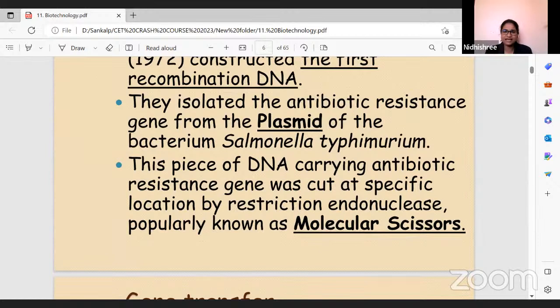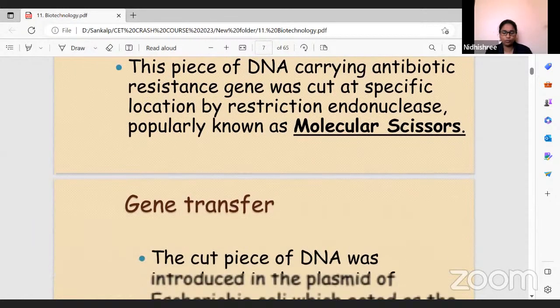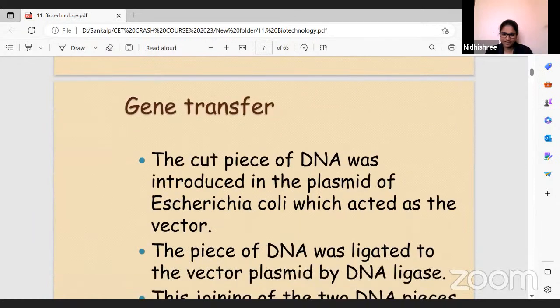So the plasmid carried a gene which gives resistance to antibiotics. The gene was cut at the specific location using the enzyme restriction endonuclease. The popular name of restriction endonuclease is molecular scissors. This all we know. I'm just brushing up the concepts again.